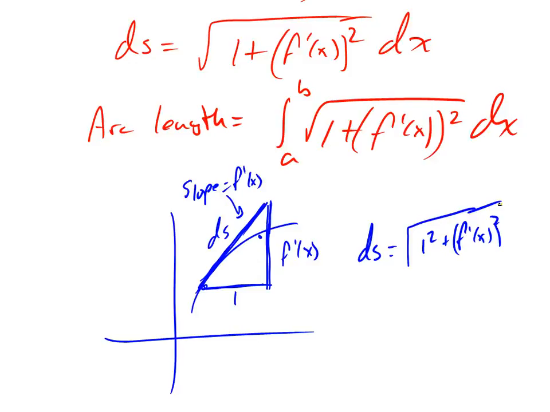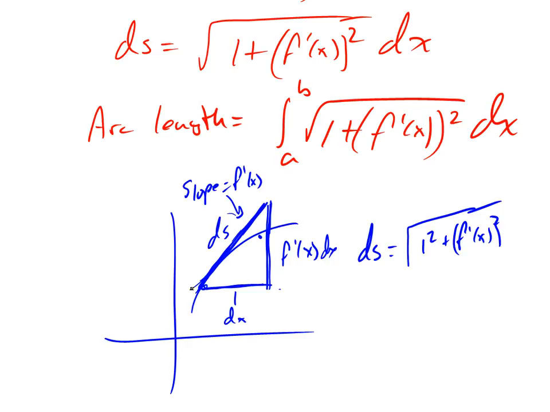Now maybe I'm a little hesitant here in that actually this isn't a 1. This ds isn't when I move over 1, but if I only move over dx. So if I scale this thing down from 1 to dx, that is, I multiply each side by dx, so this side would be dx, this would be dx, this would be, well, I still want to call that side ds.